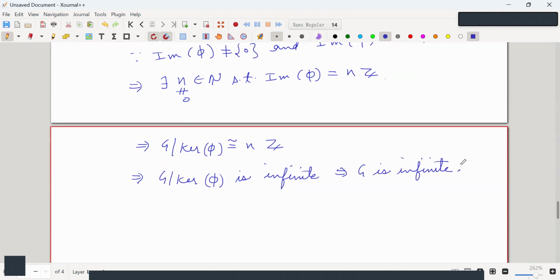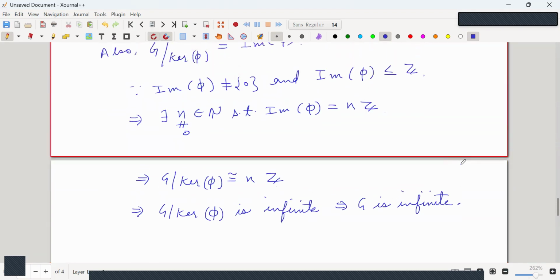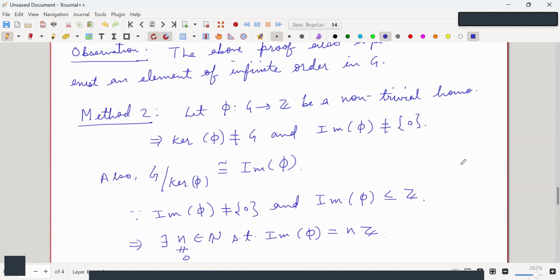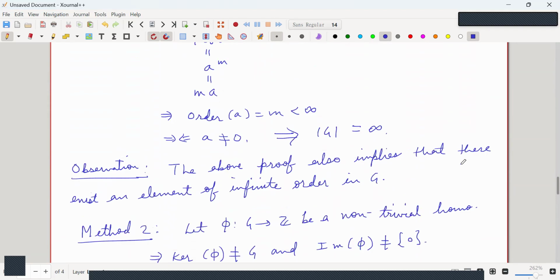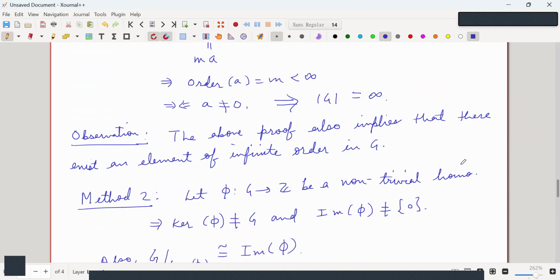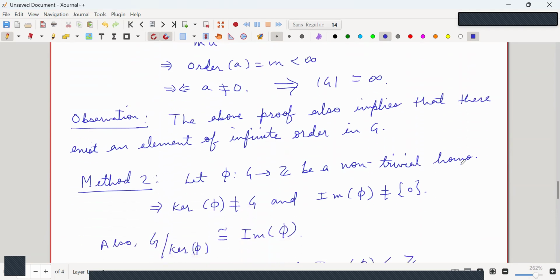But from here, directly we can't conclude that all elements of G cannot be of finite order. So although both of the methods are correct, to come to a conclusion as far as the option is concerned, this method is also giving us something extra, that is that all elements of G cannot be of finite order.